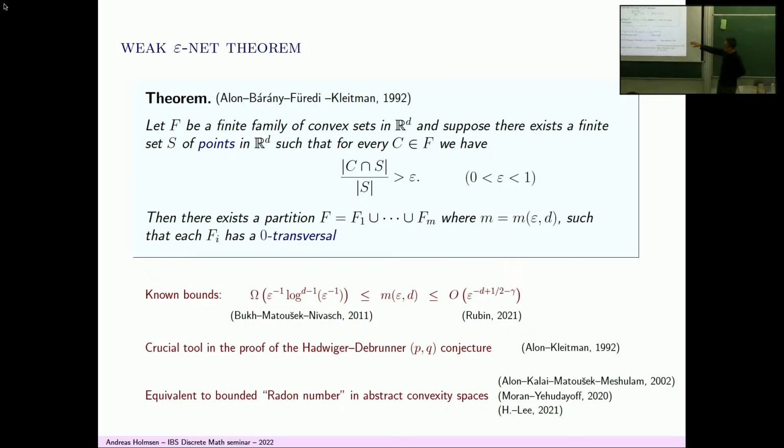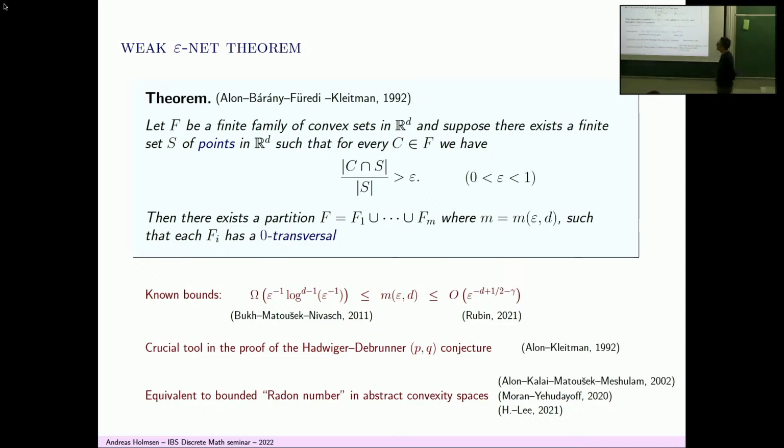Basically, how Alon and Kleitman prove this is, suppose you have a family that has the (p,q) property. Among any p, there's some q that intersect. In the hypergraph, this means that whenever you look at p vertices, there's a clique of size q. So the cliques are regularly distributed throughout.